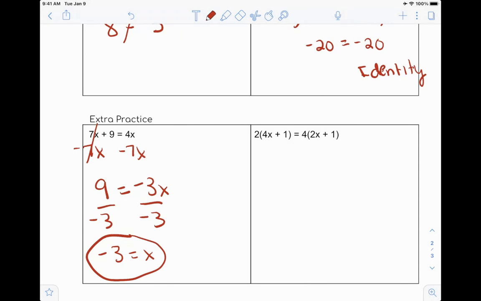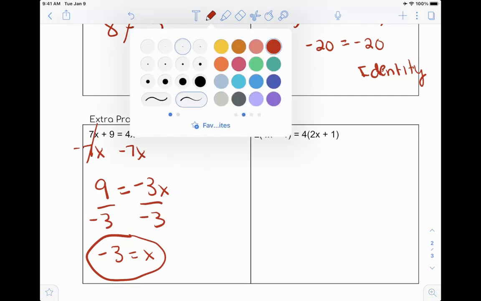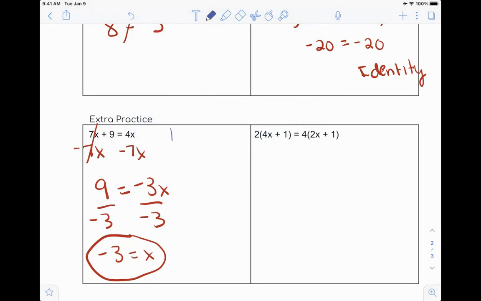All right, what if I wanted to solve it a different way? What if I wanted to move the larger variable? Of course I could do that. And I'll model what that looks like. So we have 7x plus 9 equals 4x. So now I'm going to subtract 4x from both sides. And 7x minus 4x is 3x.